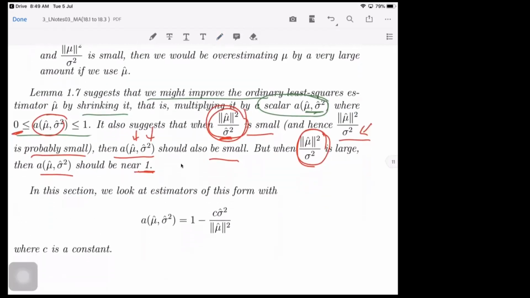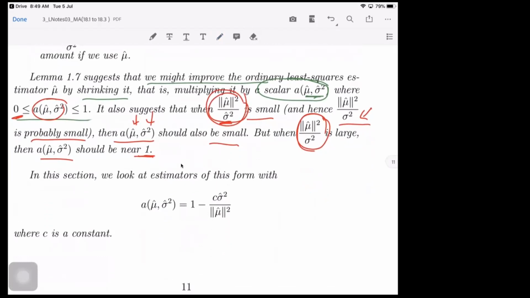So the challenge here is what will be the form of the scalar A, which is a function. You cannot just put a number there. It should be a function of mu hat and sigma hat square, and it should minimize the associated risk, or the expected loss.